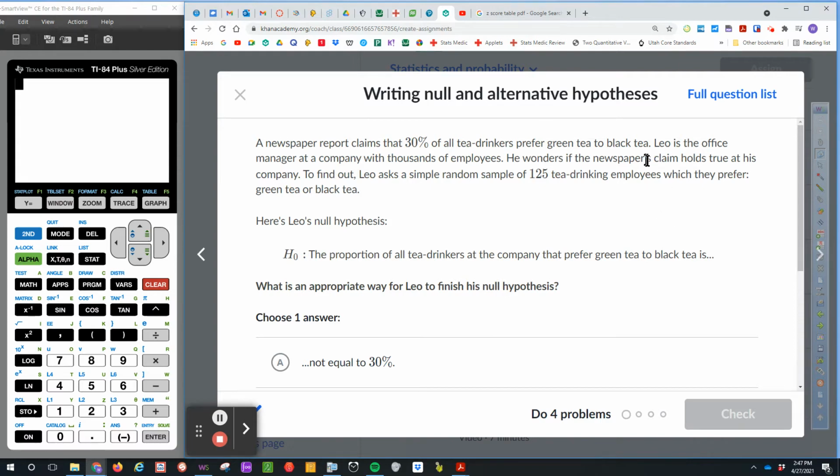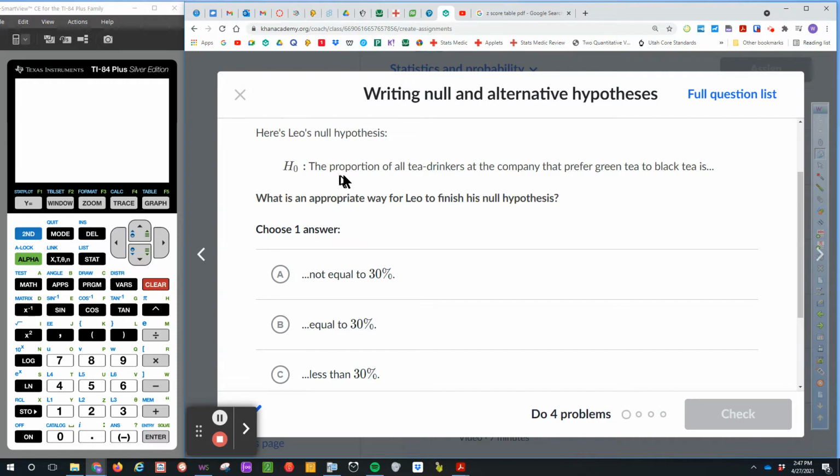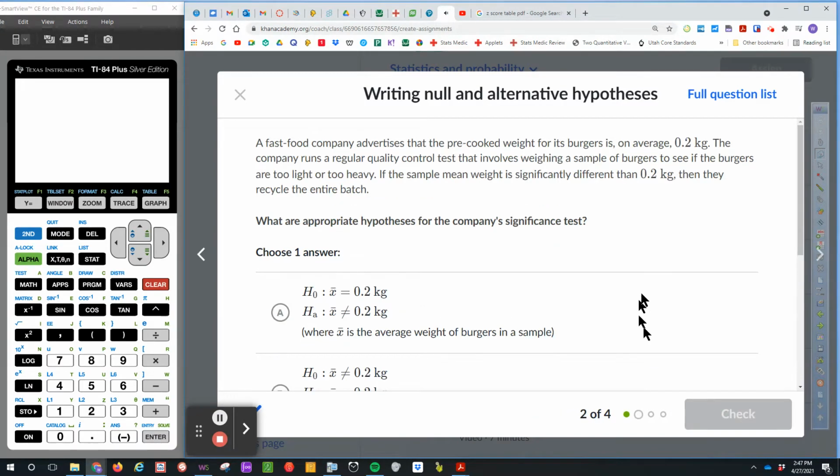So if the newspaper's claim is true, what would be the proportion of all tea drinkers at the company? If it's true, then the H naught would be the proportion of all tea drinkers at the company that prefer green tea to black tea is equal to 30%. Right, that's if it's true.